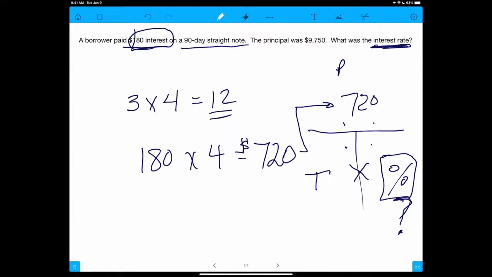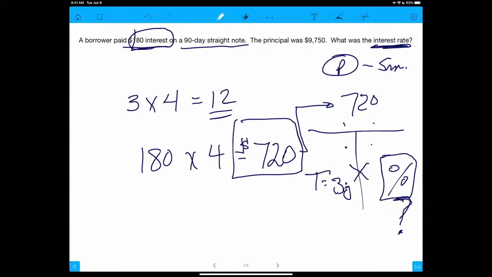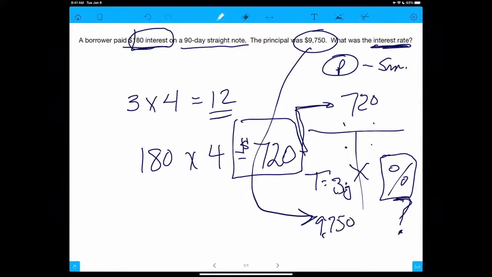So the question is, remember, part or the smaller number, total or the bigger number. Well, when you look at your two choices, 720 is smaller than 9,750, so I know that goes on top. And I know the 9,750 goes right down here. And my math tells me to do what? Tells me to divide. So I'm always going to put this number in first in my calculator.